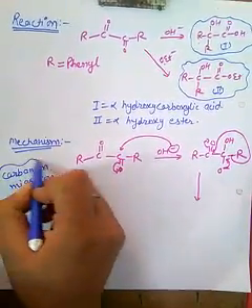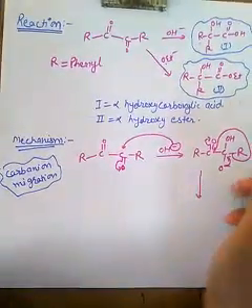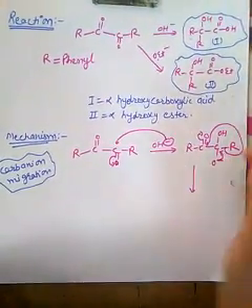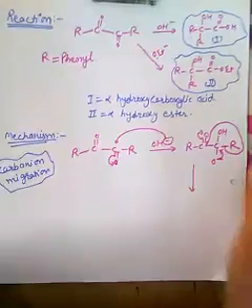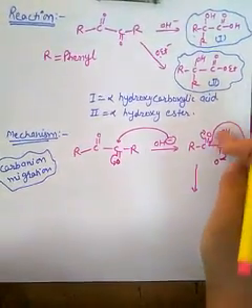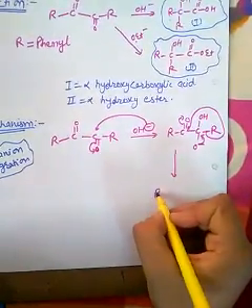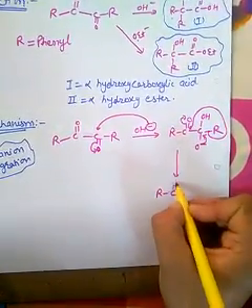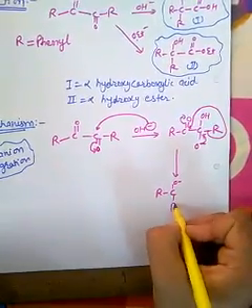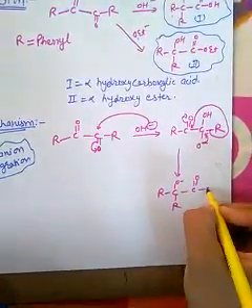In this step, carbanion migration takes place. This is the essential condition. As you see here, the R group, which is generally a phenyl group, along with its electron, migrates to the next carbonyl carbon and forms O negative.